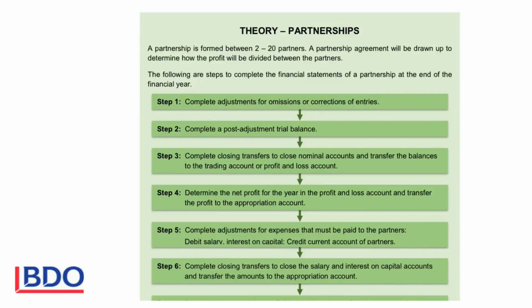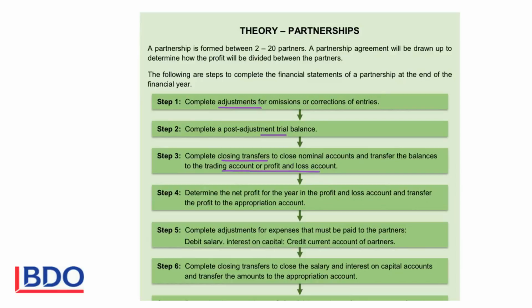So we will complete adjustments for any of the entries that were not completed or for corrections at the end of the year. Then we complete a post-adjustment trial balance. We complete closing transfers to close all the nominal accounts to the trading profit and loss account. And then we will determine the net profit.